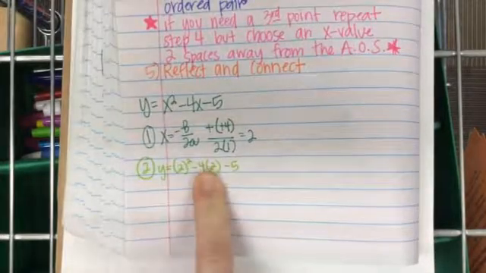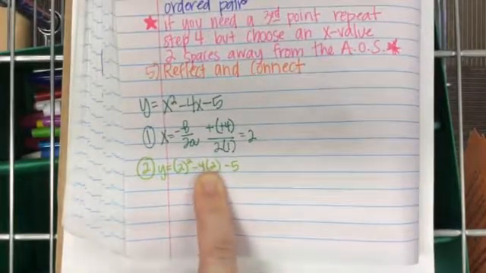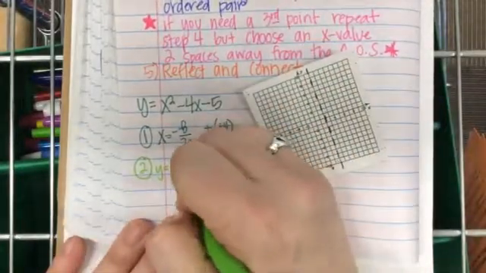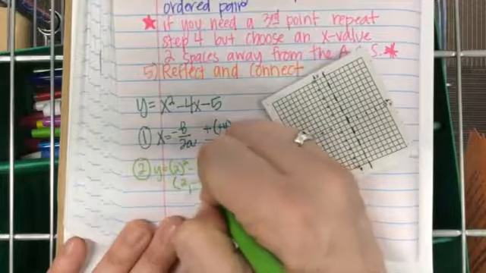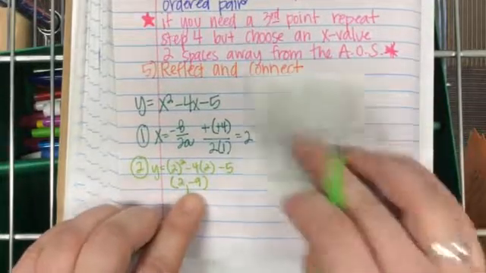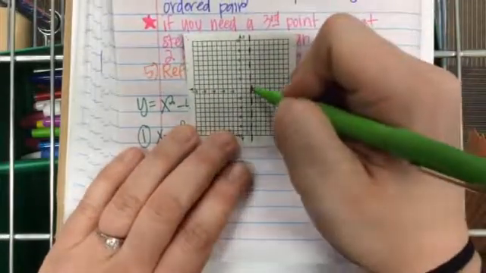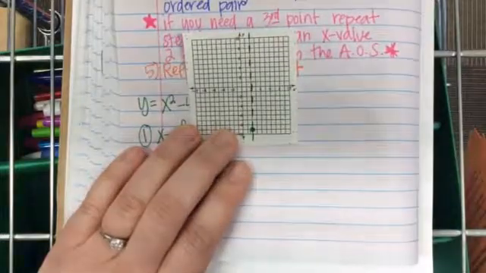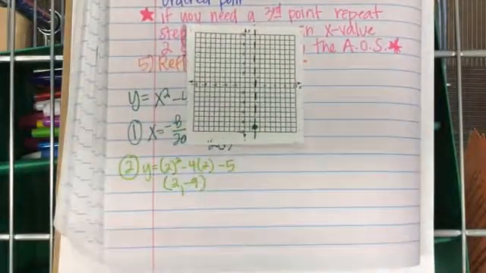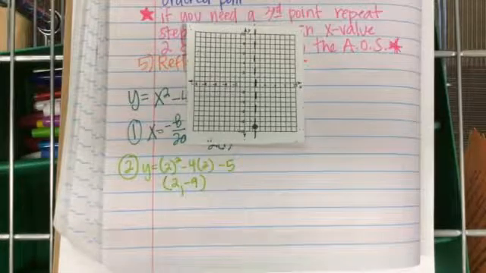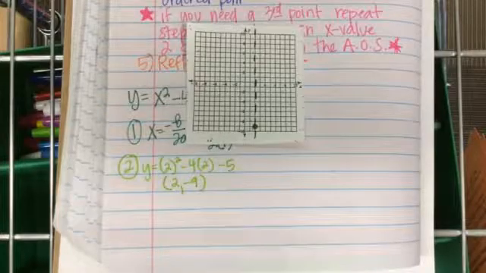Minus 8. What's 4 minus 8? Minus 5. So my vertex is 2, negative 9. Can that be reflected? Because it's on the axis of symmetry, I can't reflect it.